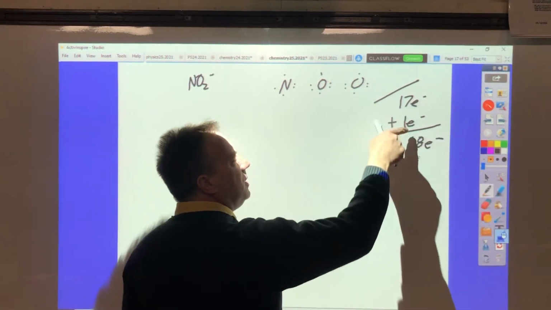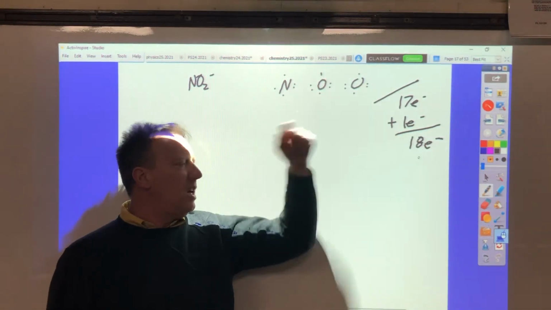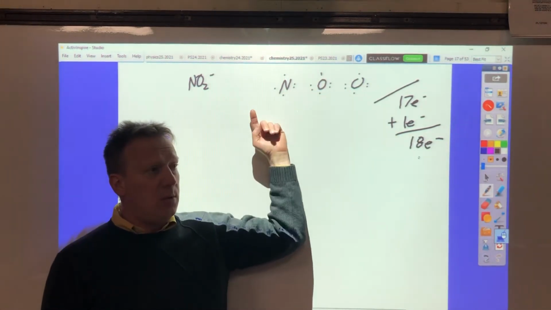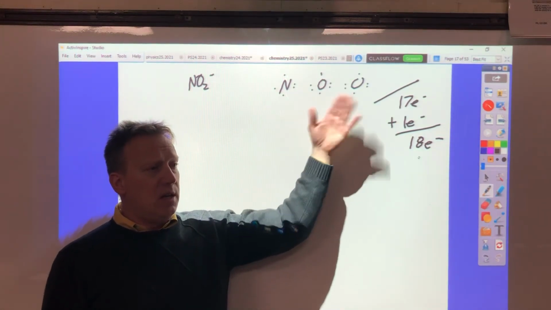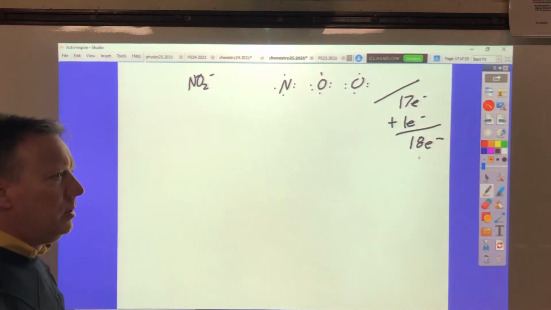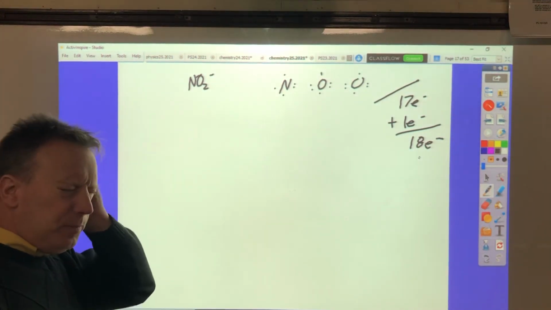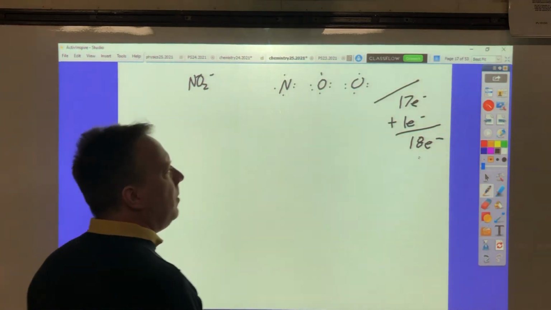This step you're going to have when you have a polyatomic ion that's negative, you have to add electrons. I gave you an example already where if it's positively charged, you have to take an electron away, and ammonium was an example there. It might have been hydronium ion. I don't remember which one it was right now.